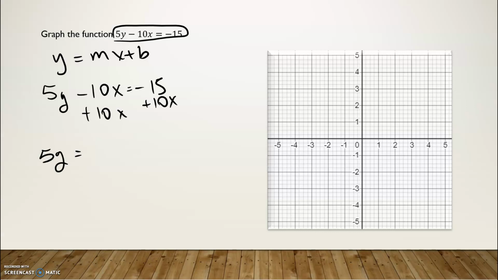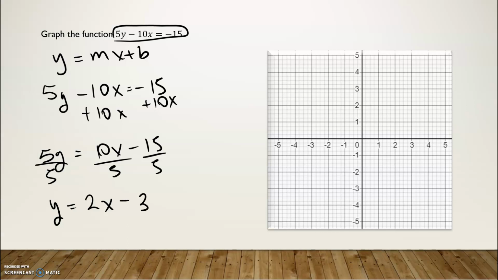So 5y is equal to 10x minus 15. Then I'll divide every term by 5. So y is equal to 2x minus 3. Okay, so how I'm going to graph this is I'm going to plot the y-intercept first.